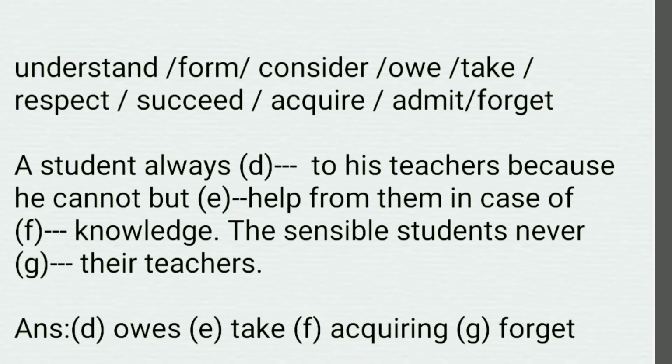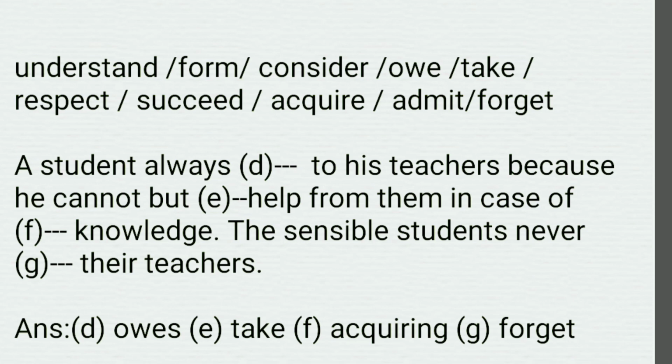A student always dash to his teachers. Here we can see that it's also present indefinite tense, and the suitable word is owe. So the answer will be owes. A student always owes to his teachers because he cannot but dash help from them in case of dash knowledge.